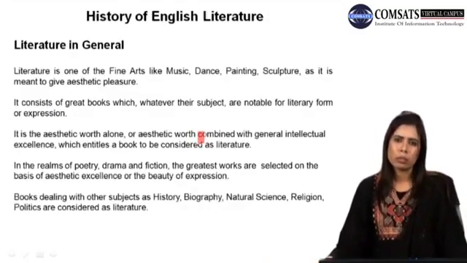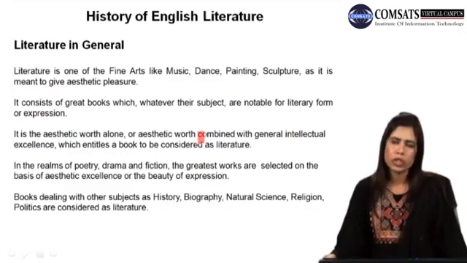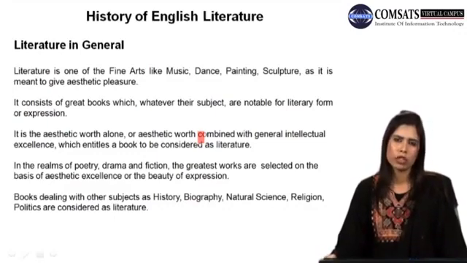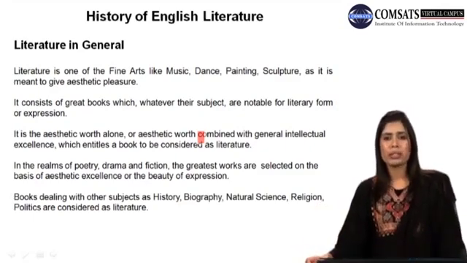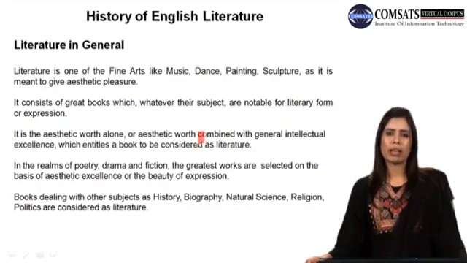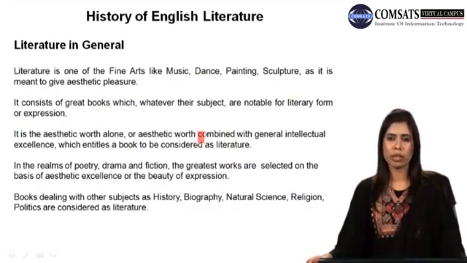First of all, literature in general terms. We are here not talking about English literature or any other kind of literature. That is, what is basically literature? Literature is one of the fine arts like music, dance, painting and sculpture, as it is meant to give aesthetic pleasure.